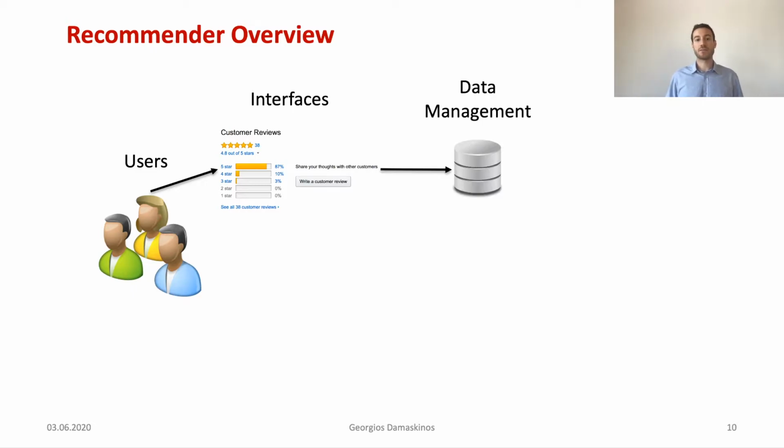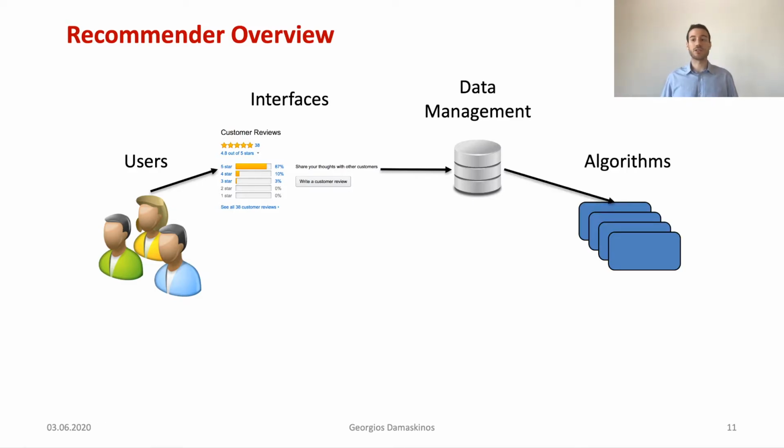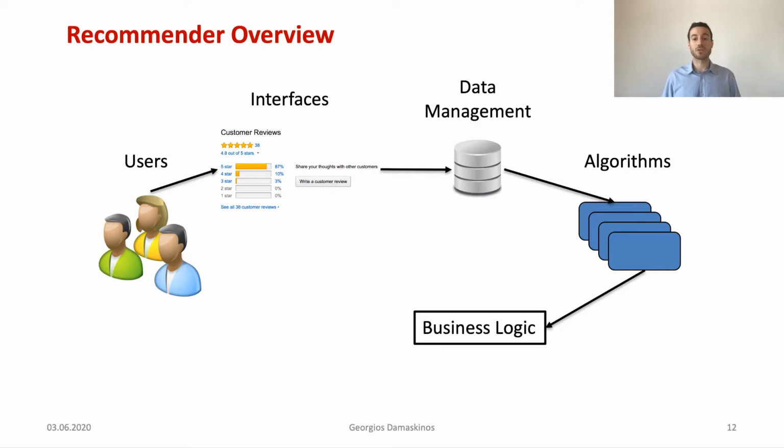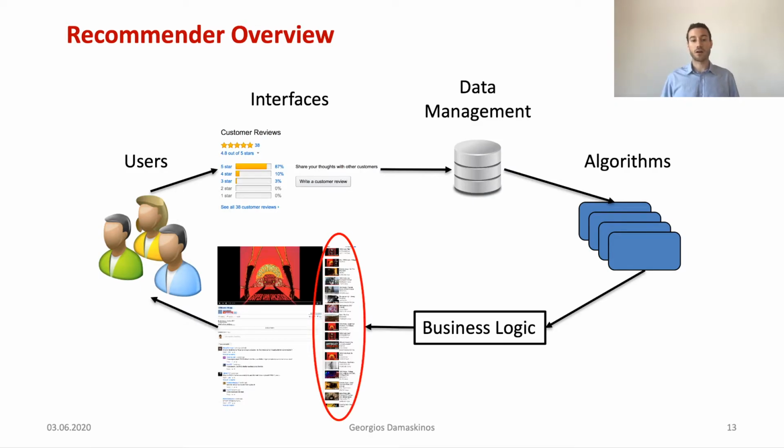This data is then fed to some database management system and then used for the recommendation algorithms that we mentioned before to create some outputs that are then parsed to some business logic and finally are given back to the users in the form of a ranked list of recommendations. Noteworthy, the user feedback, as I mentioned, can also be implicit, so the users can provide feedback, for example, by scrolling their social media web page or by clicking a video.